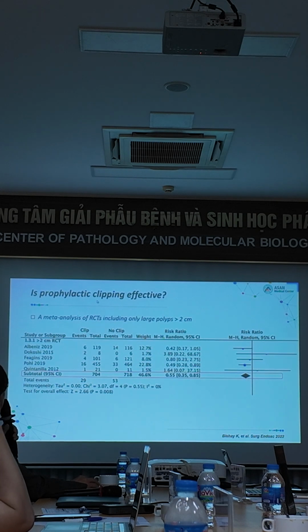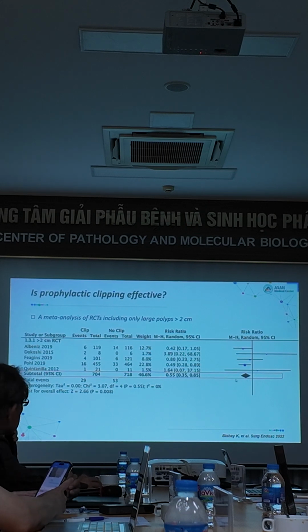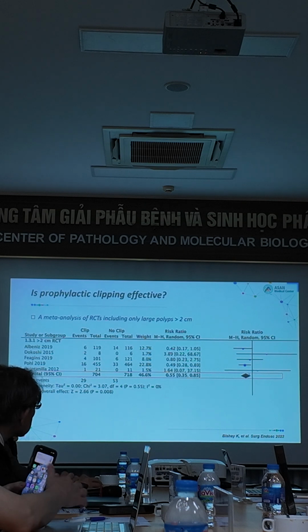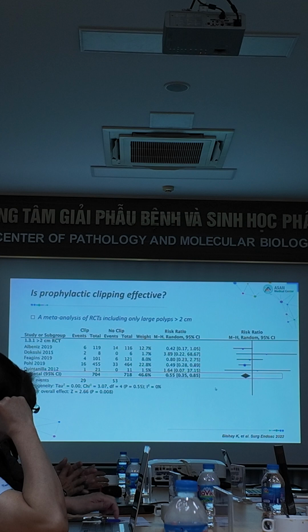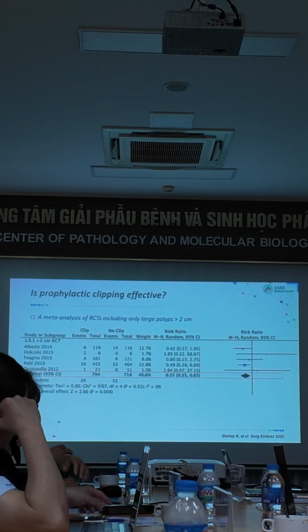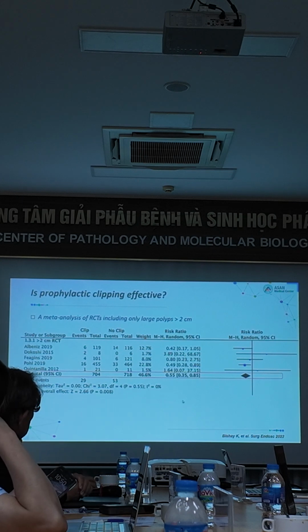But prophylactic clipping after EMR or ESD of large polyps over 2 centimeters in size, especially for proximal colon lesions, could decrease the incidence of delayed bleeding. But personally, I think this approach in all proximal colon lesions may be somewhat cost ineffective.